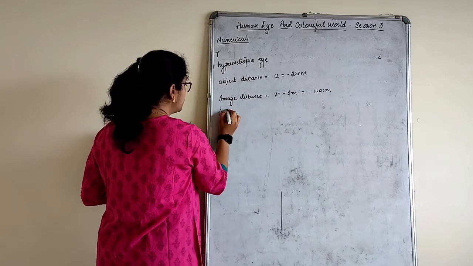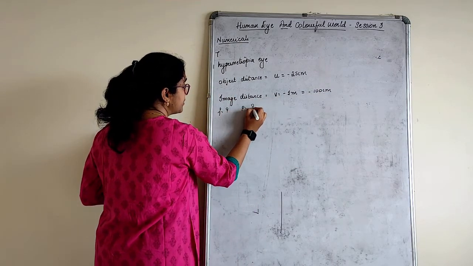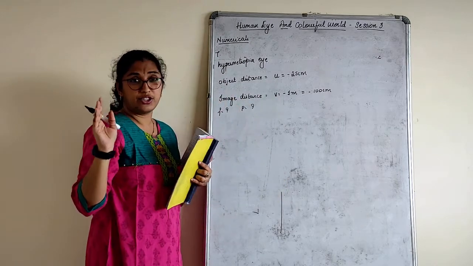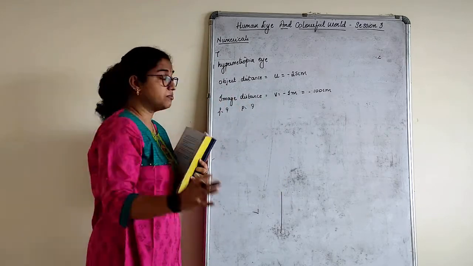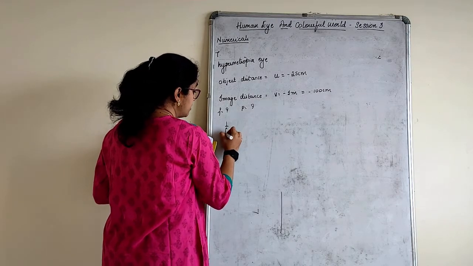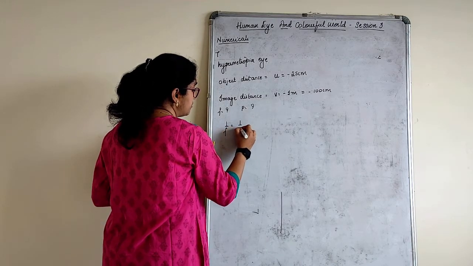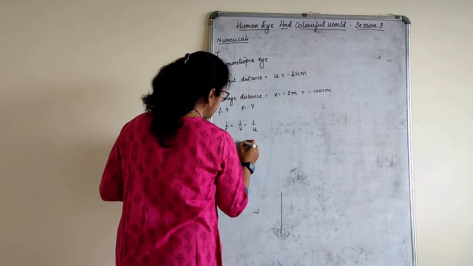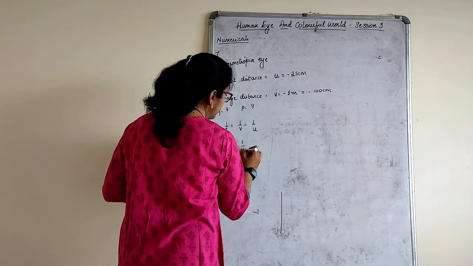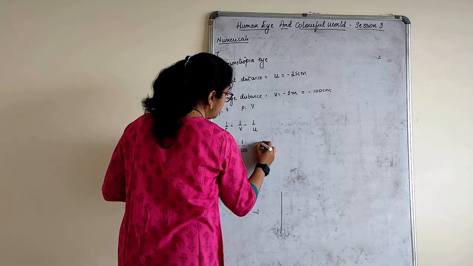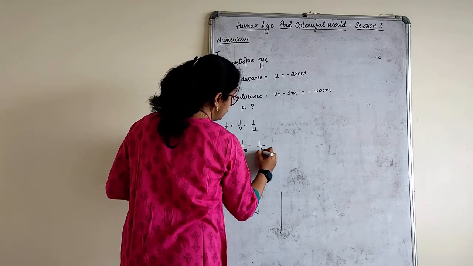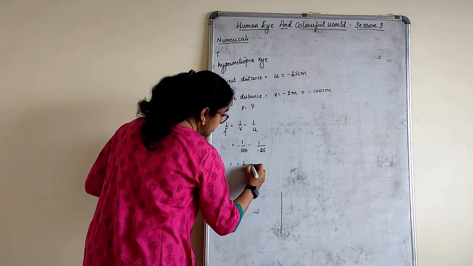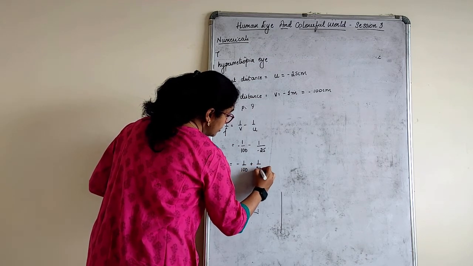Find the focal length and find the power. Simple question. Our main aim is to understand u and v here, children. If you understand that, the numericals are simple. Substitute in the lens formula, 1 by v minus 1 by u. So 1 by f is minus 1 by 100 minus 1 by minus 25, which is minus 1 by 100 plus 1 by 25.